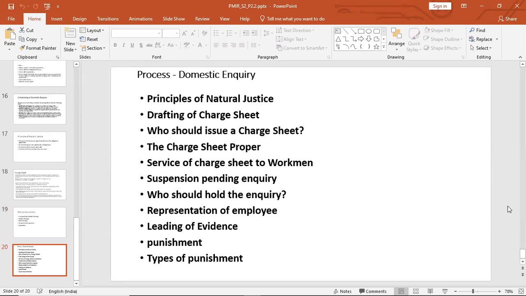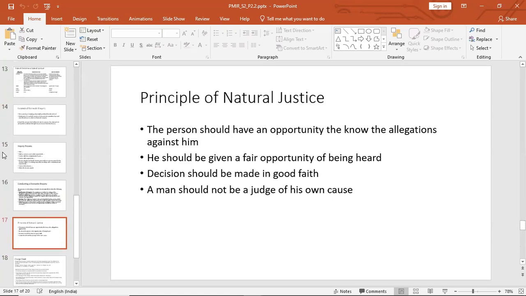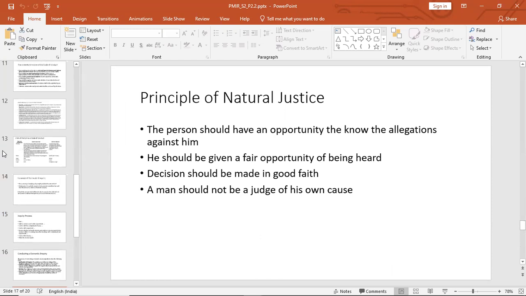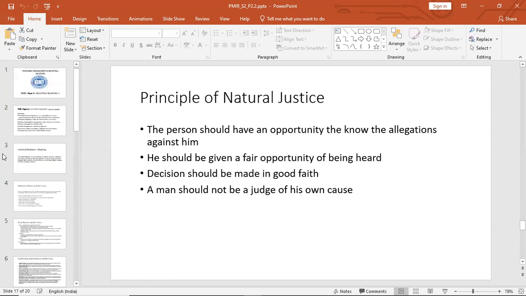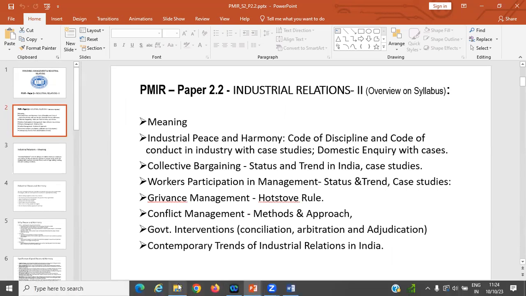Then we will go to collective bargaining. We studied another chapter. We'll open that file.